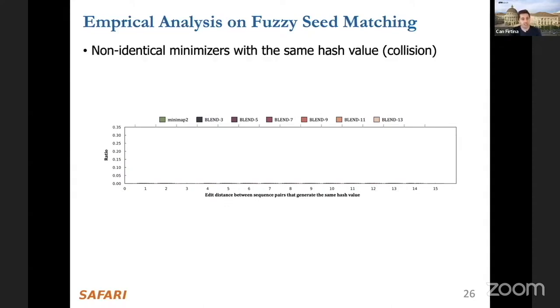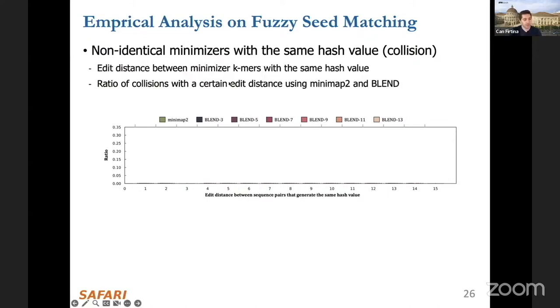We identified non-identical minimizers with the same hash value, which would indicate a collision in this case. Then we also calculate the edit distance between minimizer k-mers with the same hash value, shown here on the x-axis. We also calculate the ratio of collisions with a certain edit distance using Minimap2 and blend.